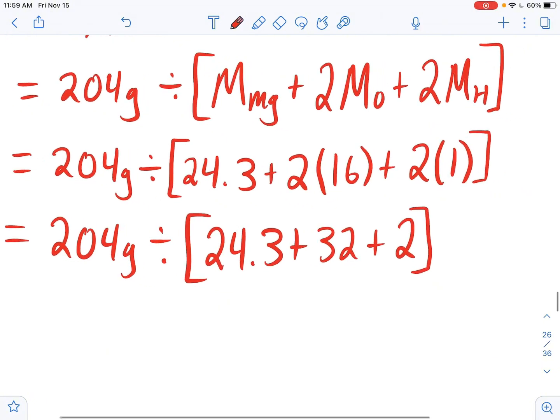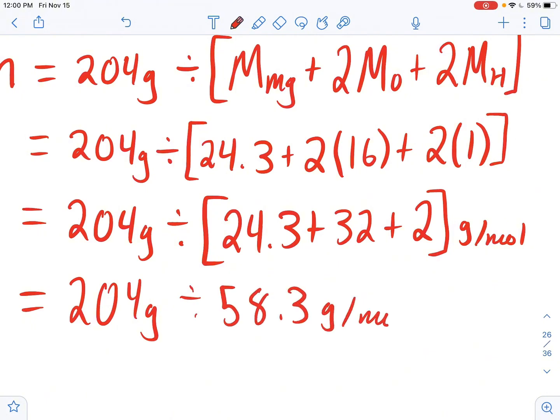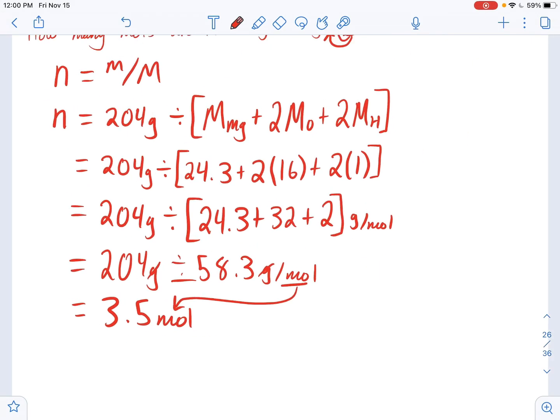And remember, the units of this are in grams per mole, because it's how many grams are in 1 mole. So if we do the math, this is 204 grams divided by 58.3 grams per mole. And now 204 divided by 58.3 is equal to 3.5 moles. Because remember, these grams cancel out, and we're dividing by moles, so it's going to be 3.5 moles.